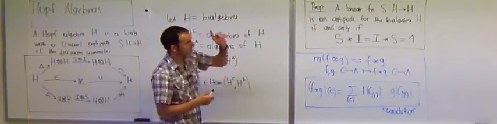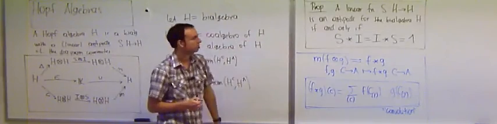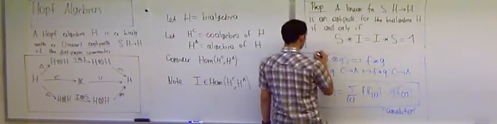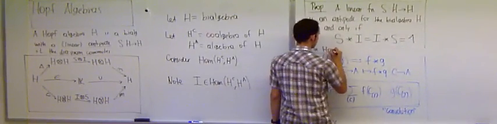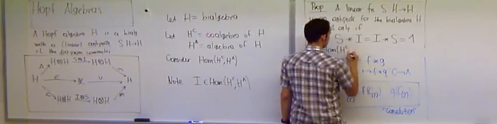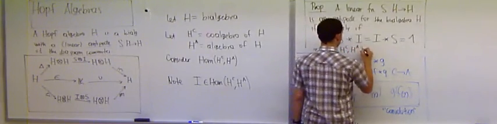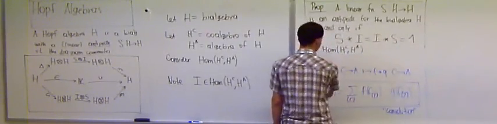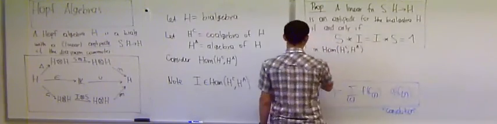And this one is the one of the algebra, which is that one. So maybe what I should write is in Hom of HC, HA. Okay?